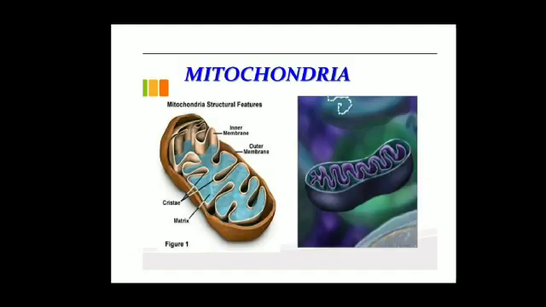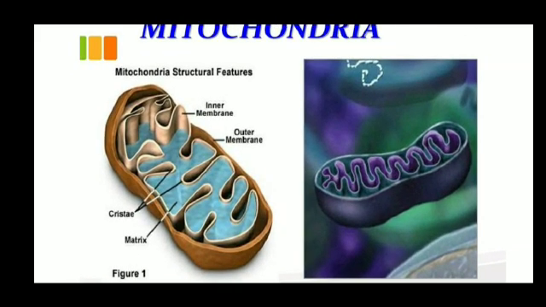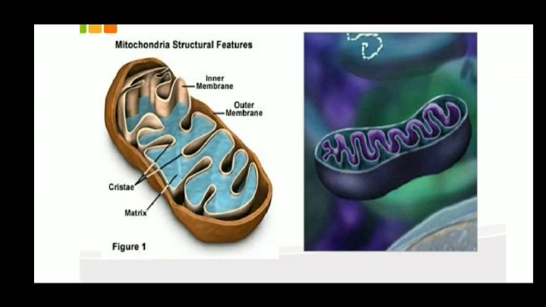Children, a most important cell organelle is mitochondria. Here you can clearly see the structure of mitochondria. It's a double membrane structure, inner and outer membrane.